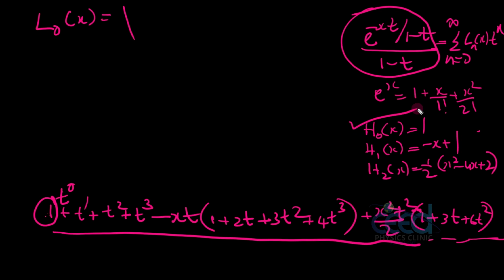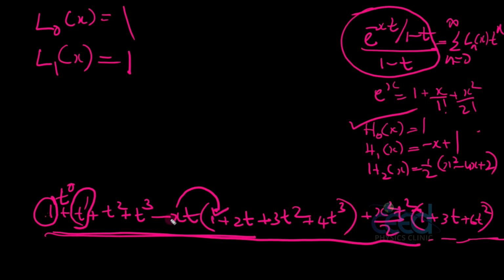Now let us take the coefficient of t in this expansion. Here I have 1, this is a t term, so its coefficient is 1. Also when I am multiplying this with this, I have a coefficient of t, that is minus x.